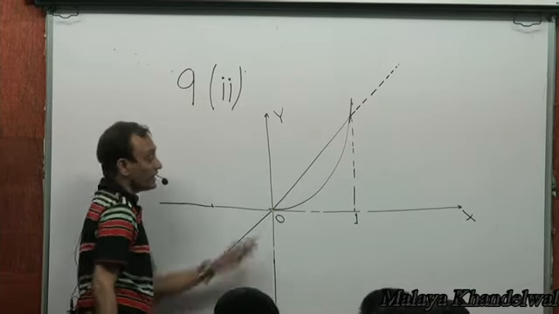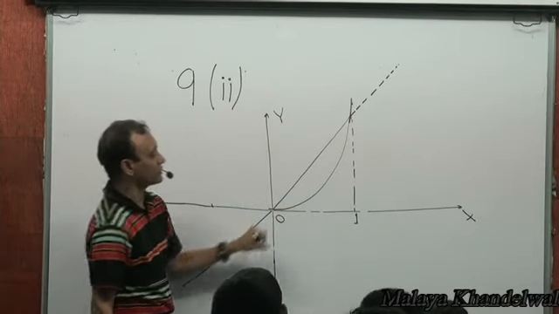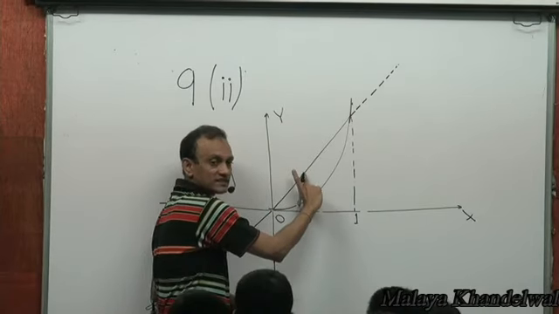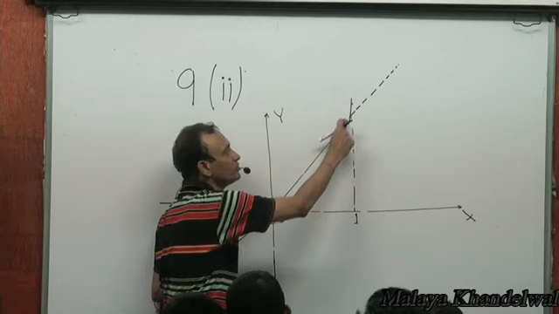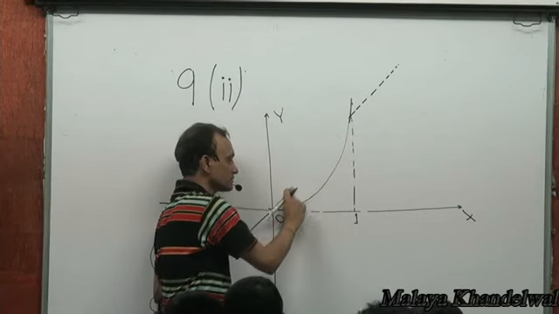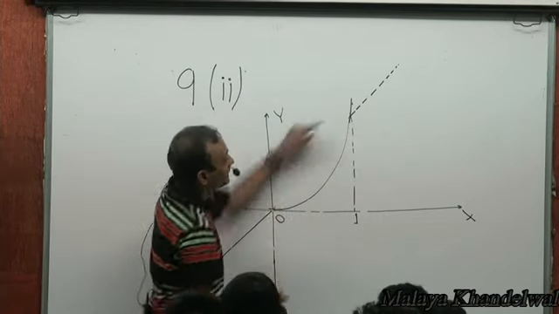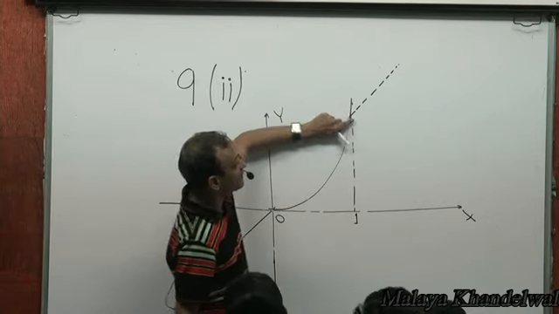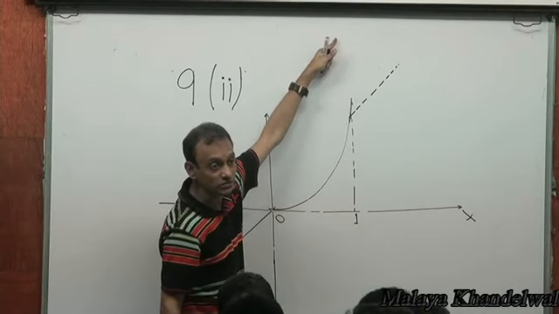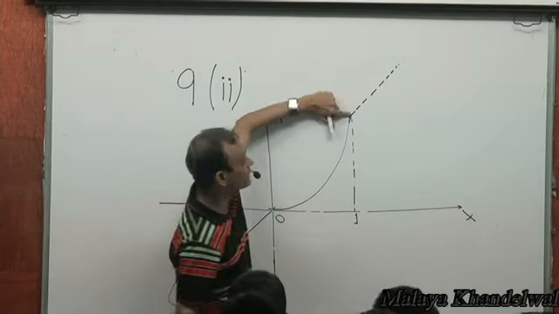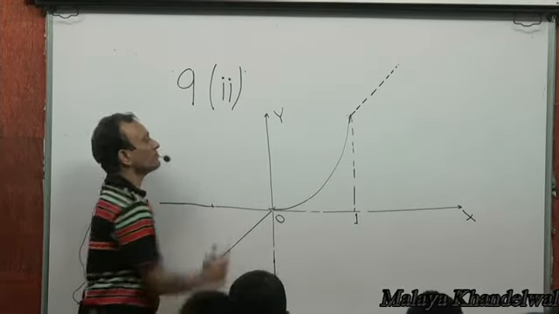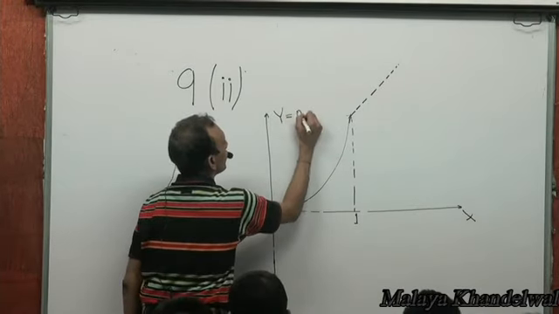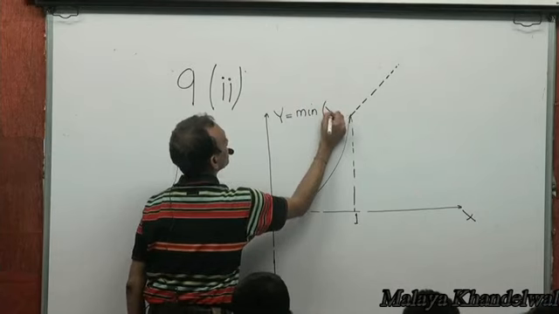In the interval 0 to 1, x square is smaller, so remove x. And then again for x greater than 1, x is smaller and x square is larger, so retain x. This is the graph of y equal to minimum of x and x squared.